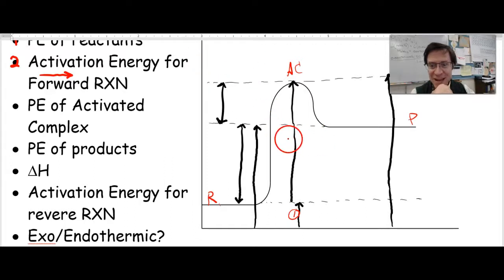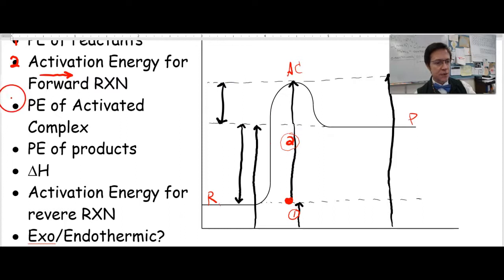Oh, there it is. That's going to be the activation energy for the forward reaction because it's the amount of energy I need to go from the reactants. The reactants are this high on the energy scale, and the activated complex is this high on the energy scale. So there's my line number 2.